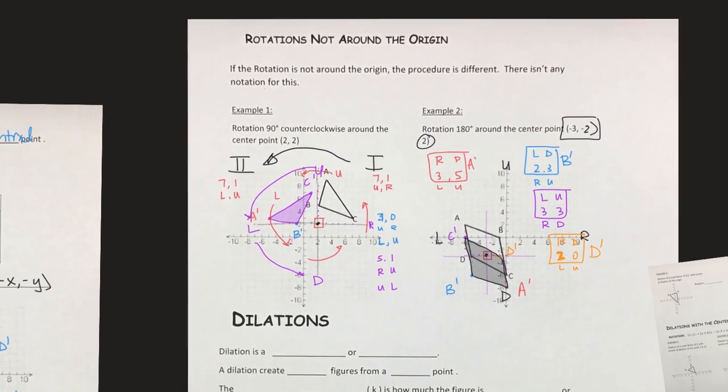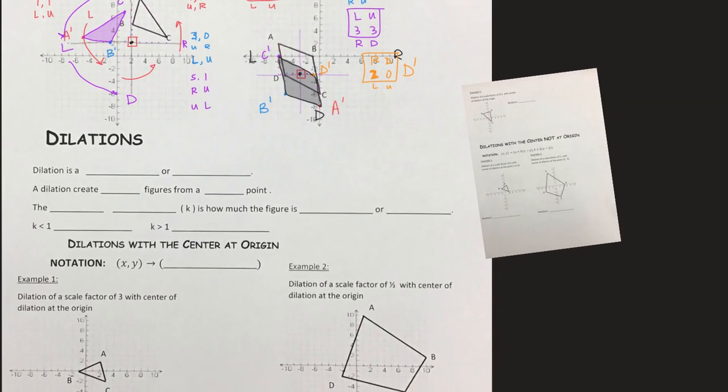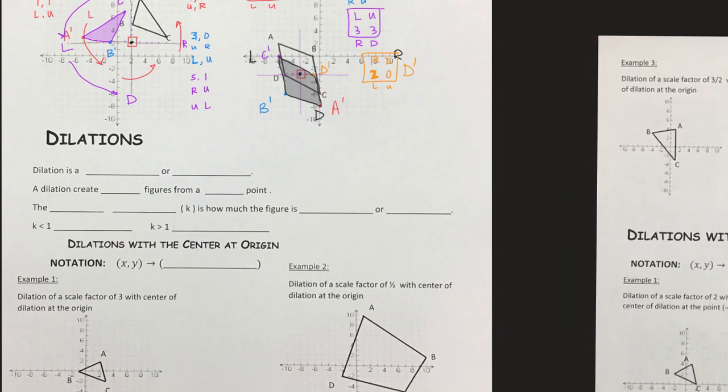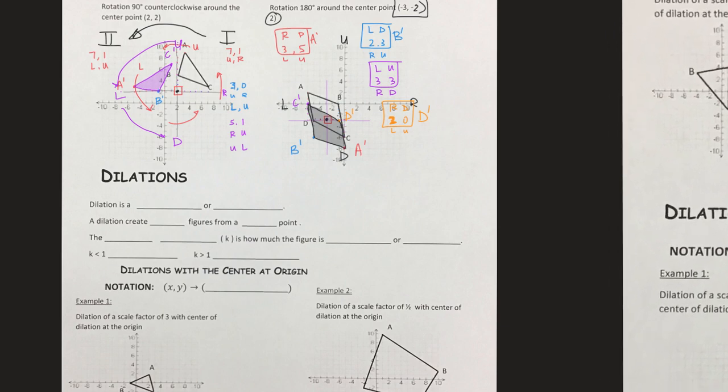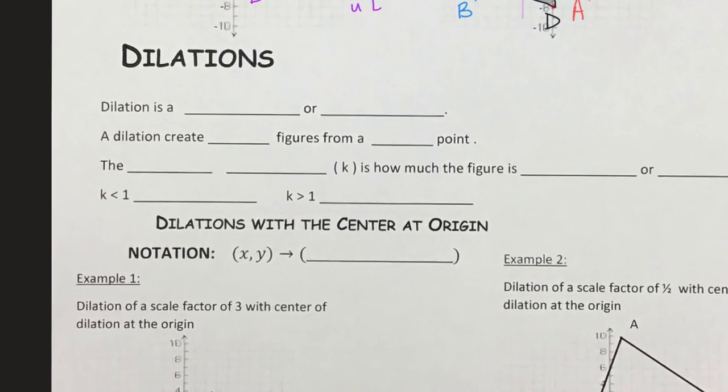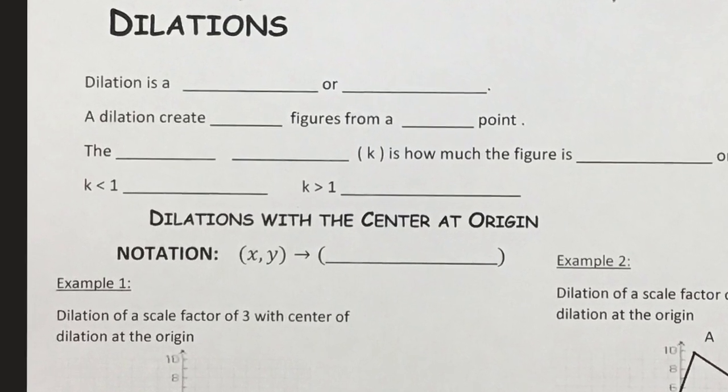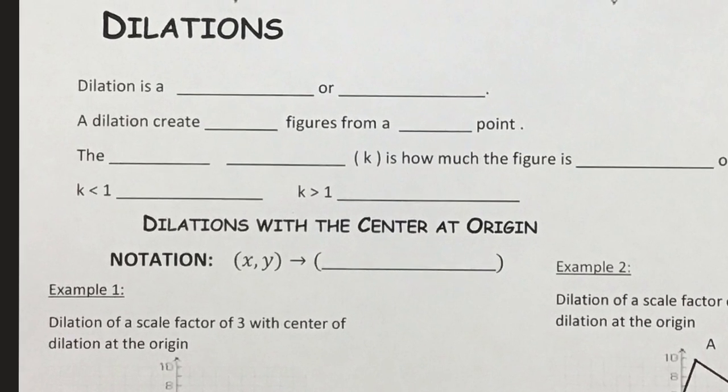Now that we've got our rotations, let's talk about your dilations. Dilations are more special. If you've ever gone to an optometrist, somebody that focuses on eye health, you might have had your eyes dilated. What happens is your pupil enlarges, artificially, so the optometrist can shine a light in to see the back of your eye and look at your retina, rods and cones, and see how healthy your eye is.